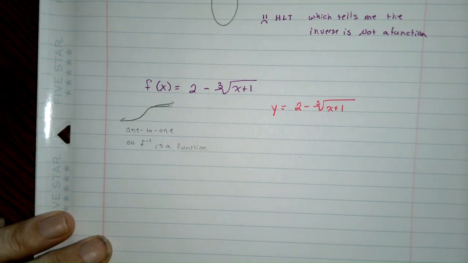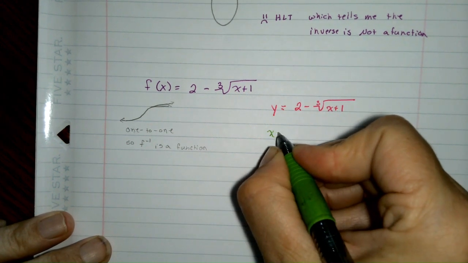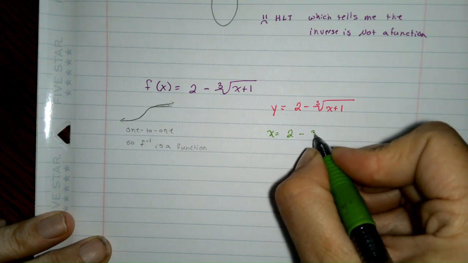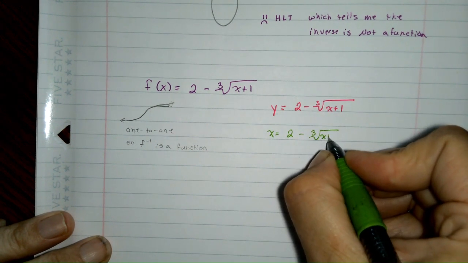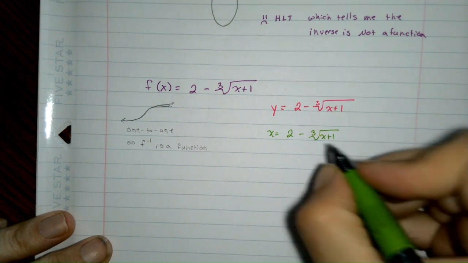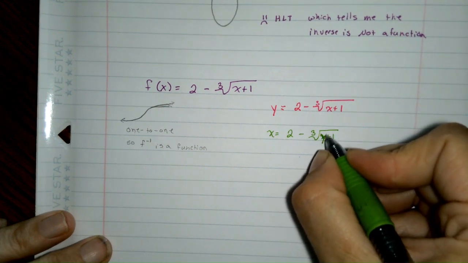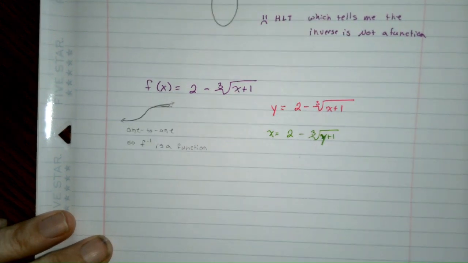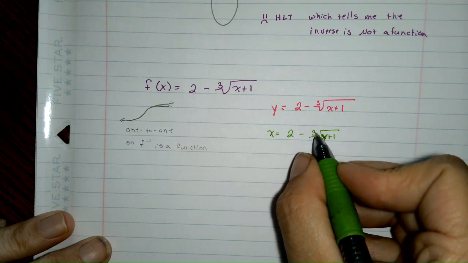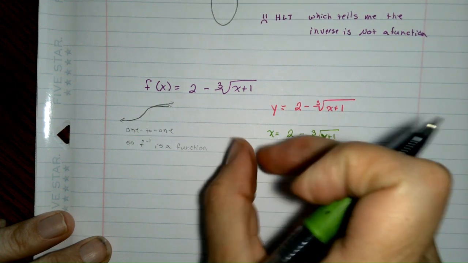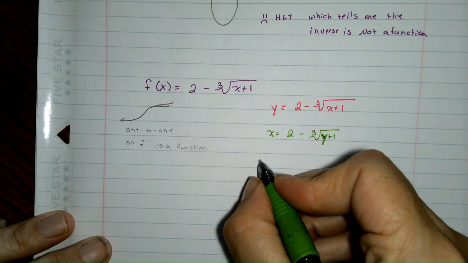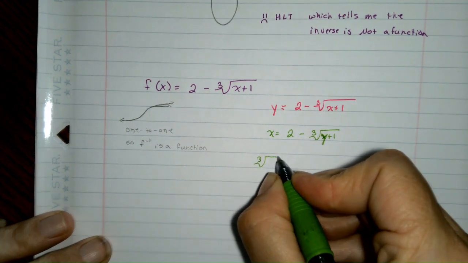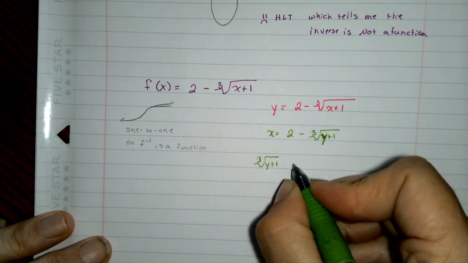So the first thing I'm going to do, just like I did on the graph, is I'm going to flip-flop my x's and y's. So x equals 2 minus the third root of y plus 1. Now I'm going to work to get my y value by itself. So I'm going to add this to the right and subtract the 2 over. So the third root, that made the y part positive.